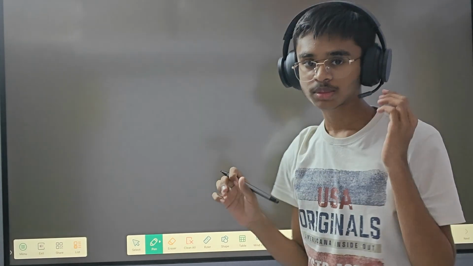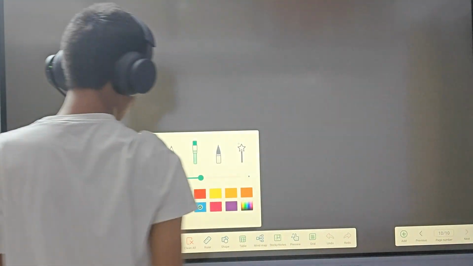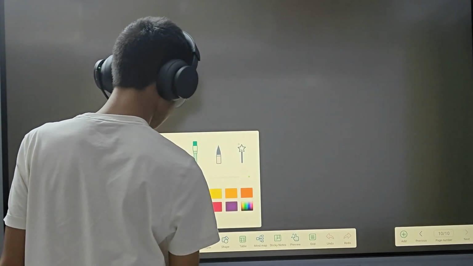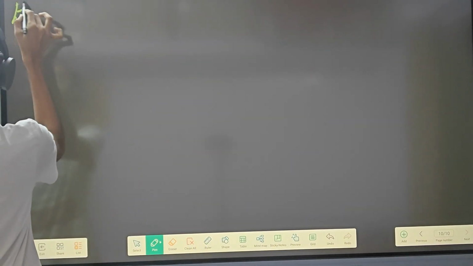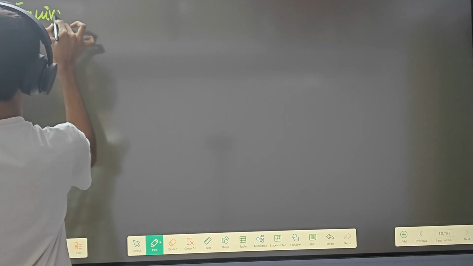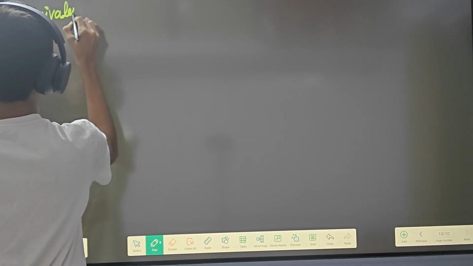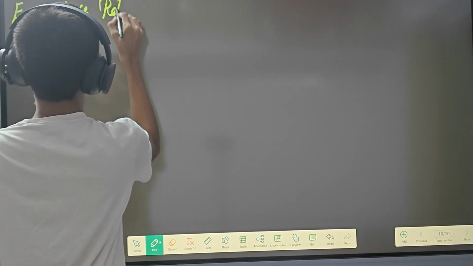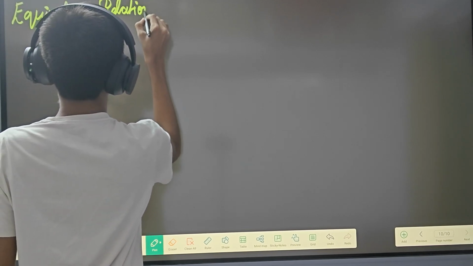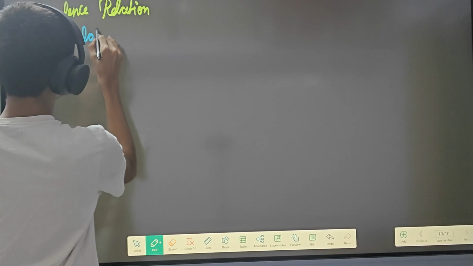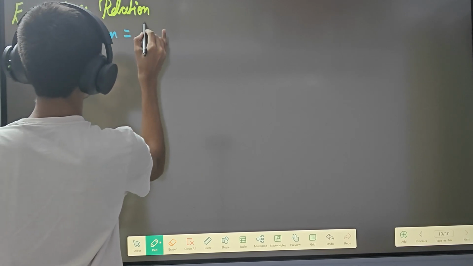Okay, so there is still one important concept, which is the number of equivalence relations. Before that we have to know what an equivalence relation is.